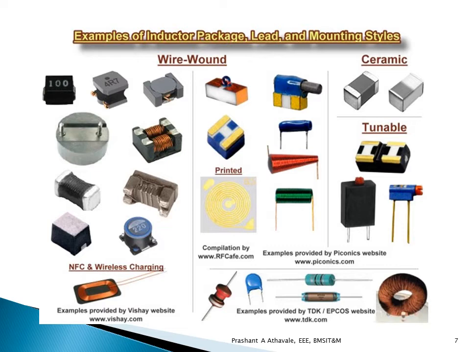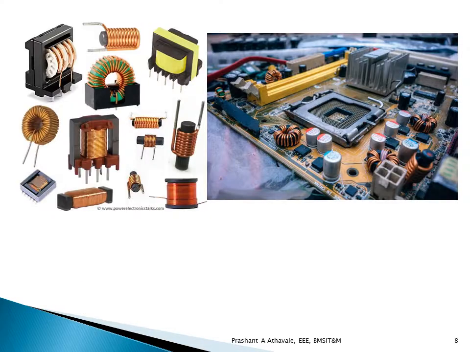We have discussed so many such things, core material, cross section, and so on. All that picture collection is given over here, where it is wire wound and ceramic and so on. So this is one more slide which is, I think, interesting. You can search these things. I have given even the link also.